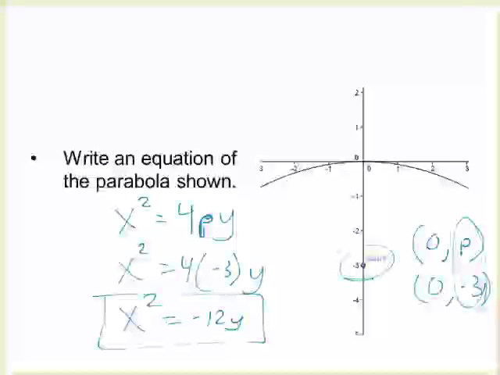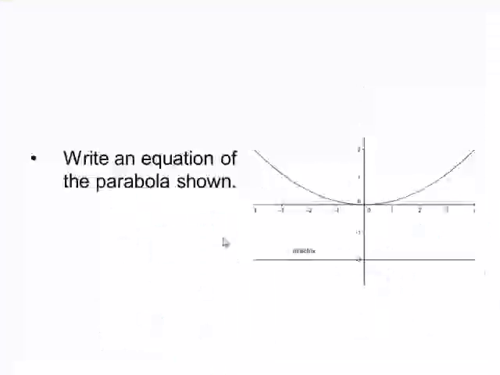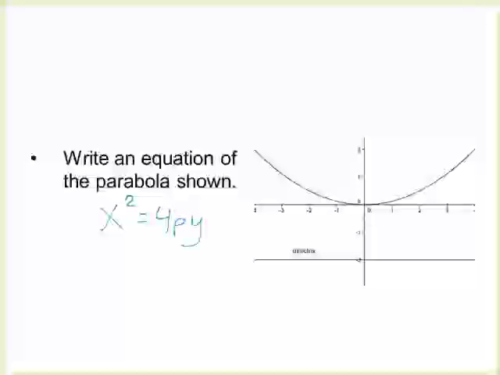We don't have to do anything for x or for y. We just need to figure out what the p-value is and plug it in. So this one is vertical facing again. So again, it's going to be the x squared equation. But in this picture, we're given the directrix, which in that vertical column, it says the directrix should be at y equals -p.